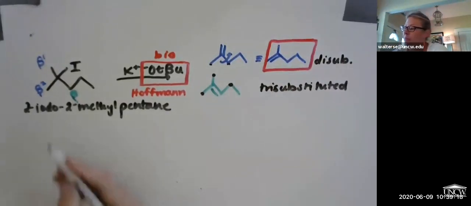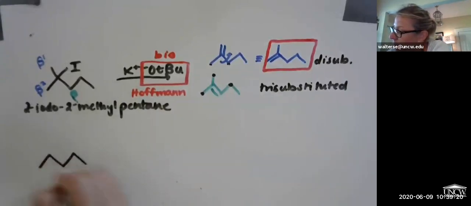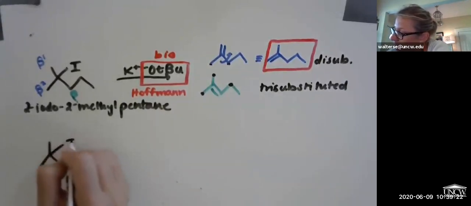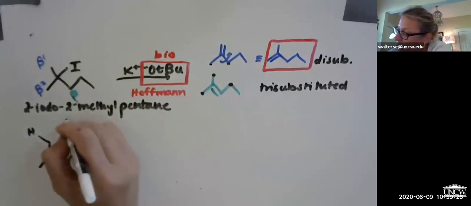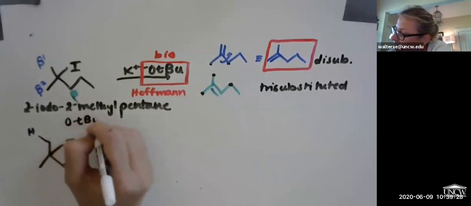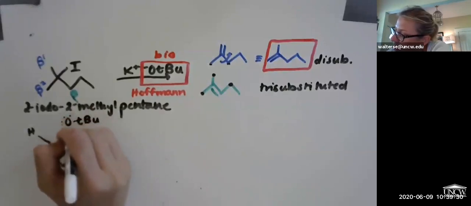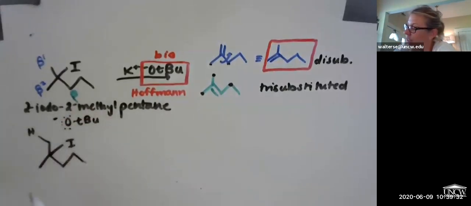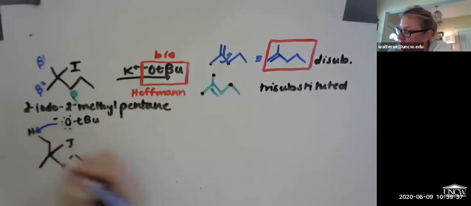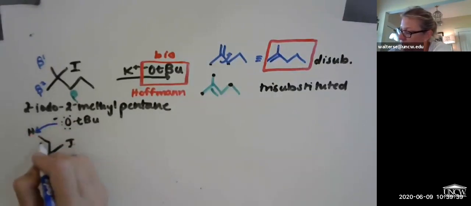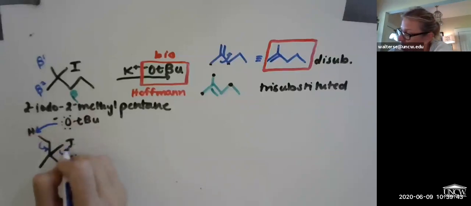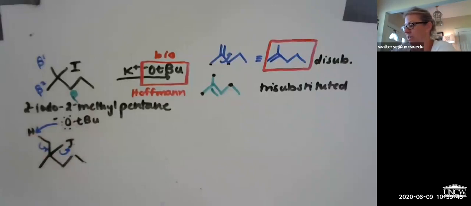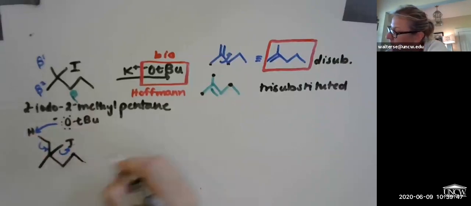Okay. The mechanism then, you would have your tertiary butoxide grab a proton, electrons fall to the pi bond, the iodide leaves.